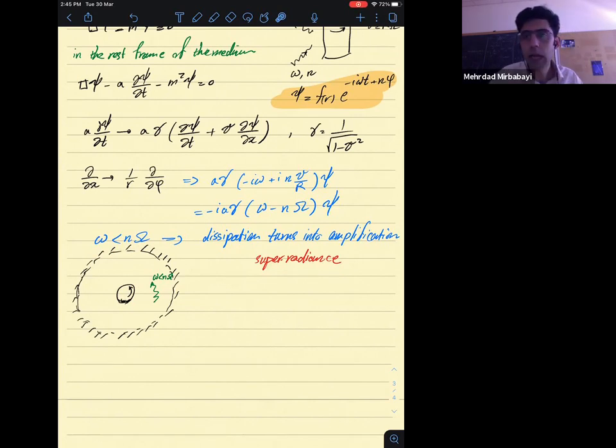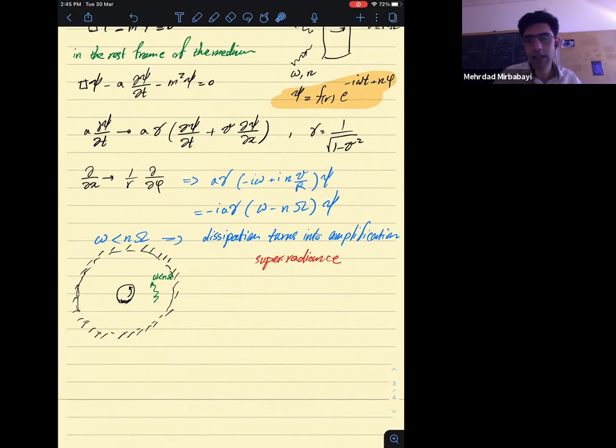Now the same thing can happen with black holes. Black holes have absorption. So if you just shine a wave into a black hole, it will absorb it. But now if you have a rotating black hole and shine a wave which satisfies the superradiance condition, then those waves will be amplified.